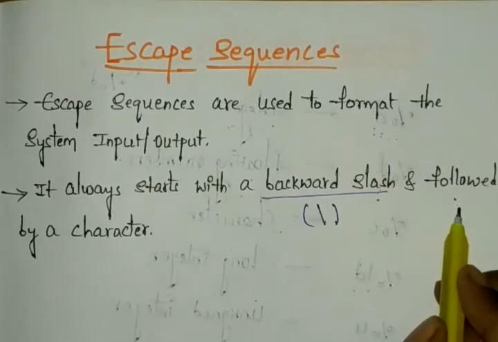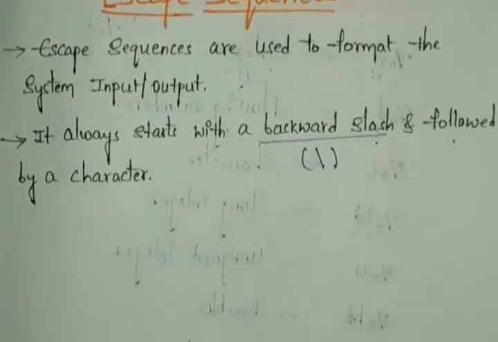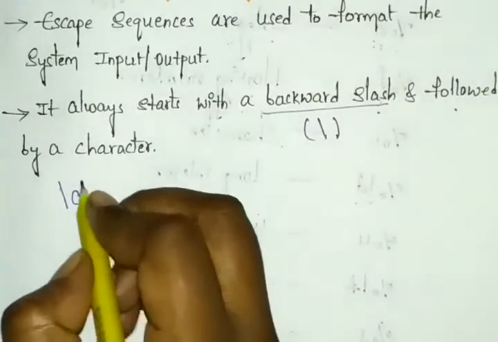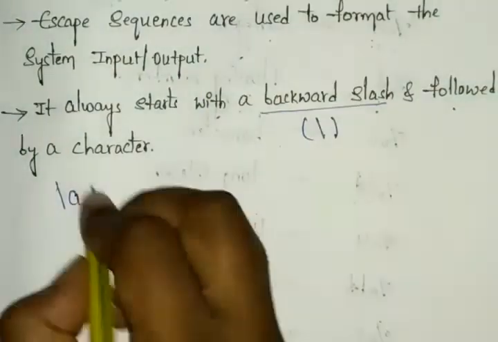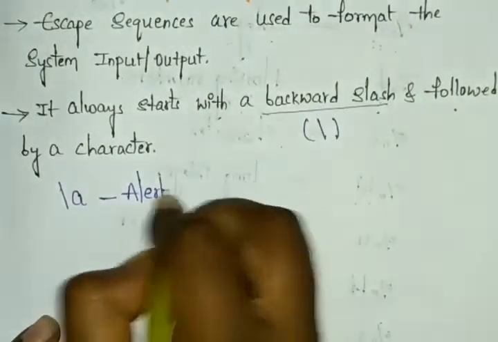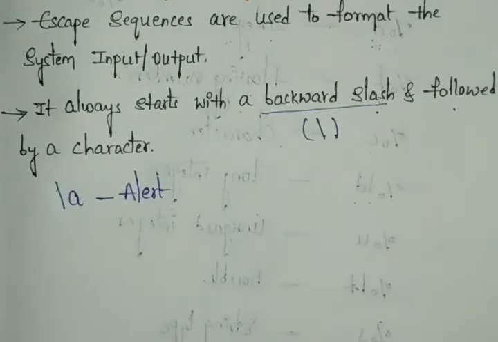So now we will discuss the characters with the backslashes. You can see we have the character backslash a. We call this the alert. Why is it used? To generate the system alarm.